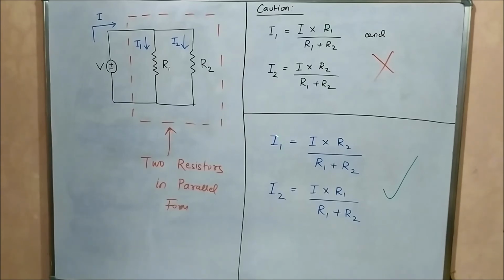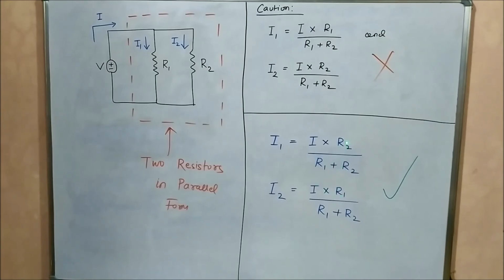Suppose you have to find the current flowing through R1, that is I1. You multiply the total circuit current with the other resistor R2, and the denominator is the same in both cases, R1 plus R2, that is fixed. But in the numerator people make mistakes. For calculating I1 they multiply with R1, for calculating I2 they multiply with R2. This is wrong.